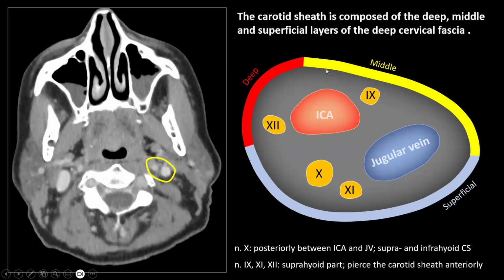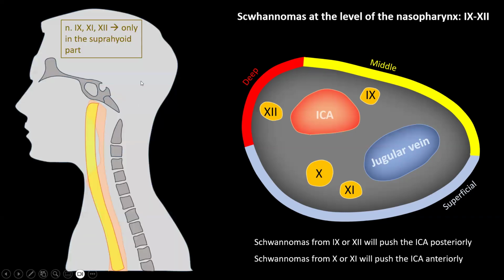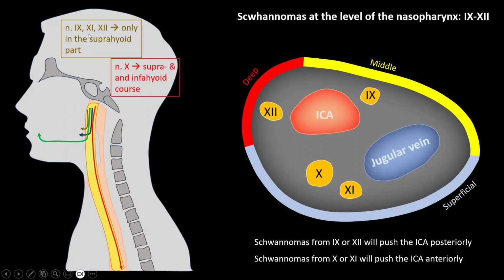They all pierce the carotid sheath pretty high up in the suprahyoid neck, already at the level of the nasopharynx. So the glossopharyngeal, accessory, and hypoglossal nerve are only present in the suprahyoid part of the neck when they pierce the sheath anteriorly, and the vagal nerve is present in both the supra and infrahyoid neck.